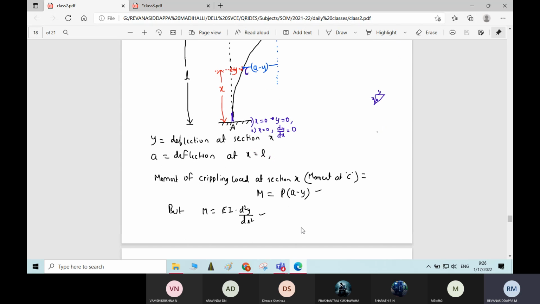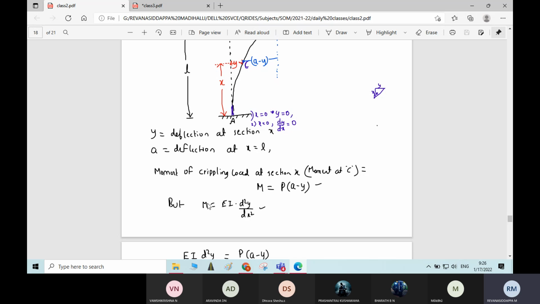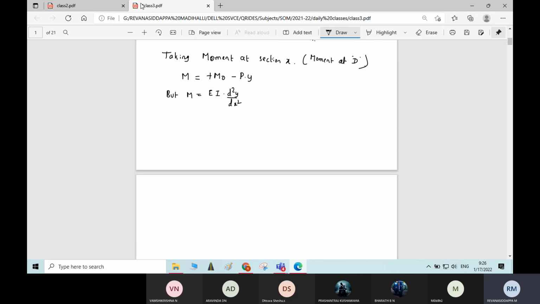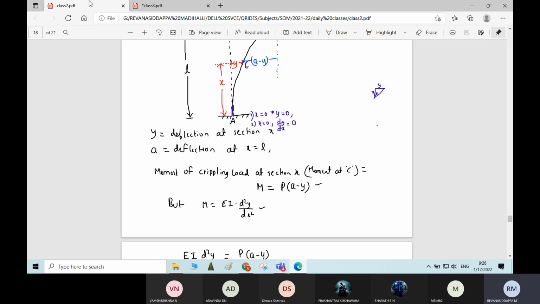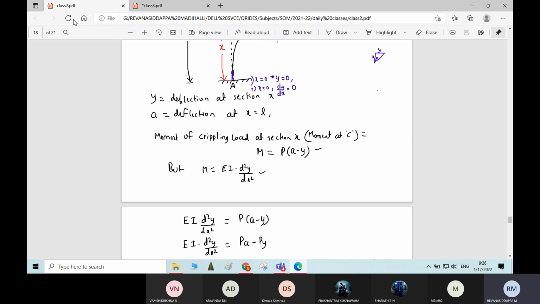We got some equation, and we know the standard equation for the same moment, M is equal to EI into d square y by dx square. I am following the same procedure for this derivation as well. You can look into it. There are some minor differences between each and every derivation that you need to remember.